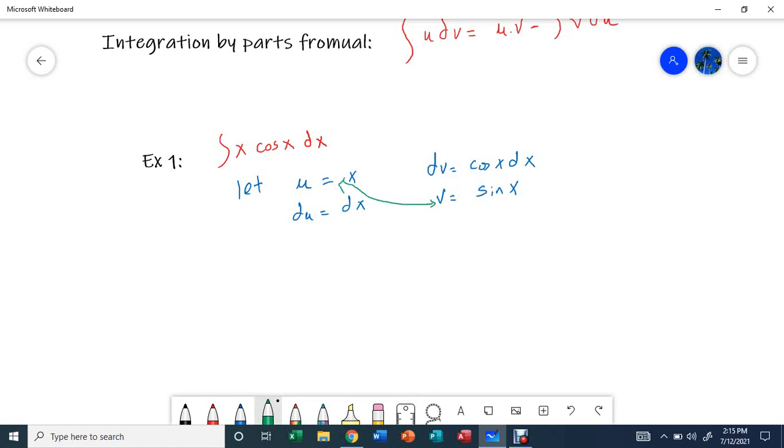So the integral x cosine x, u times v is the same thing as x sine x, minus v du, so v du here, minus the integral of sine x dx.